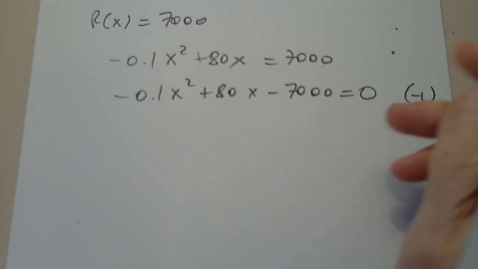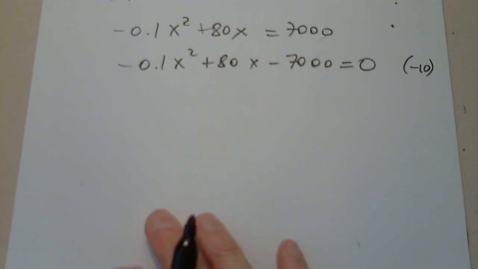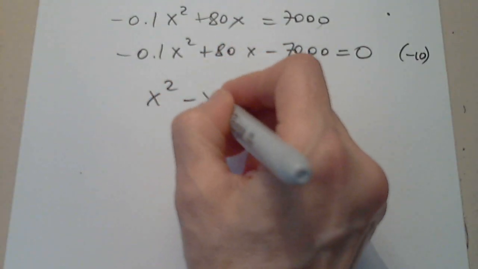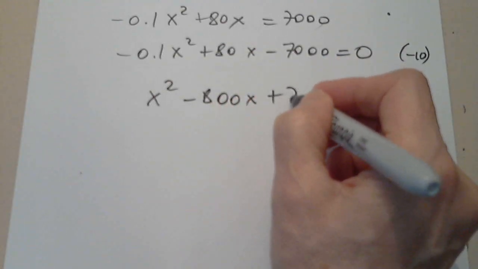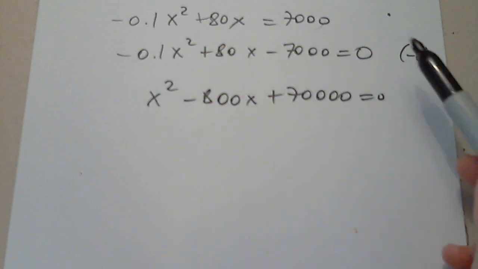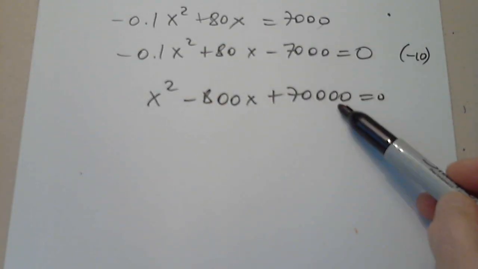I will multiply by, never ever, but in this case, negative 10 to get rid of the decimal number. So I have x squared minus 800x plus 70,000. Remember, this multiplied by 10 is this, multiplied by 10 is this.